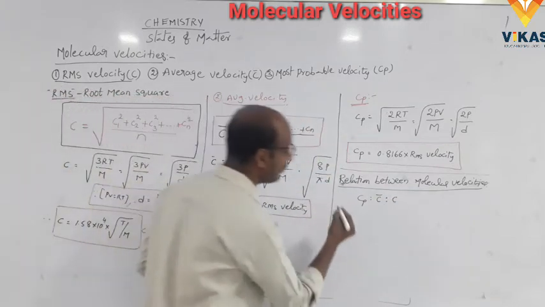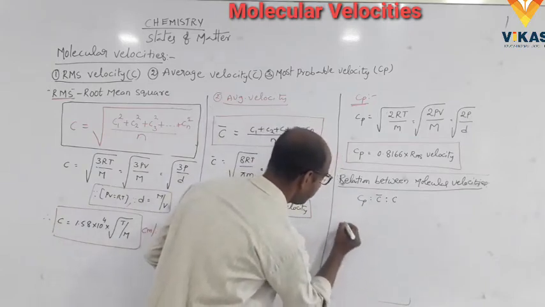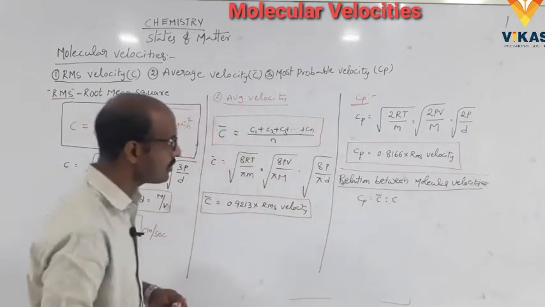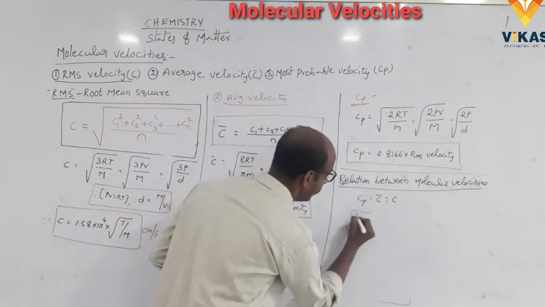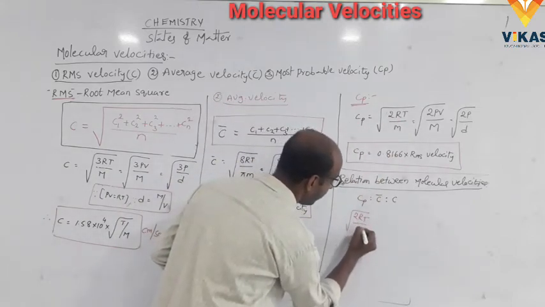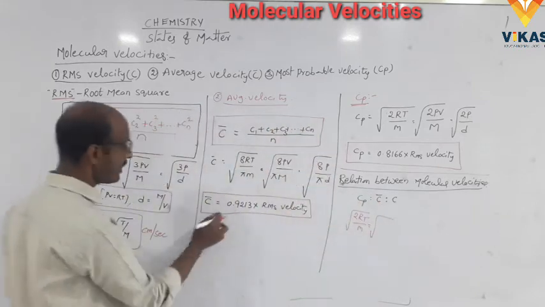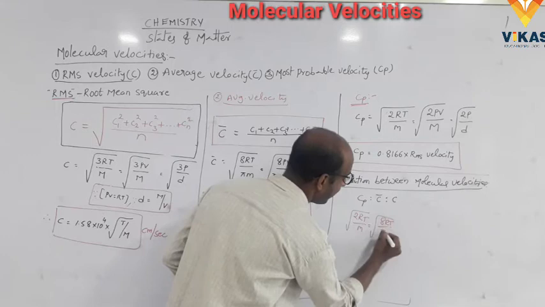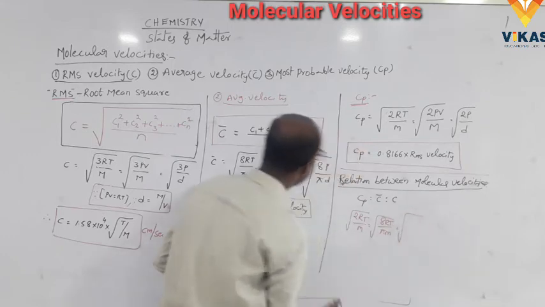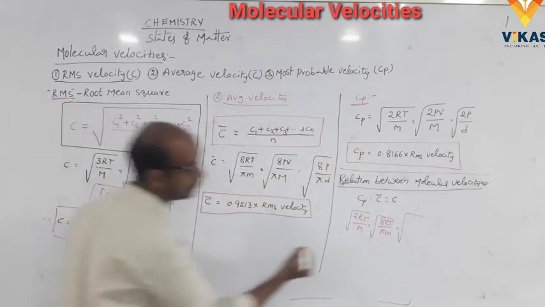The Cp value, look, what is here: Cp is equal to the square root of 2RT by m. And here C bar is equal to the square root of 8RT by pi m, and C is equal to the square root of 3RT by m.